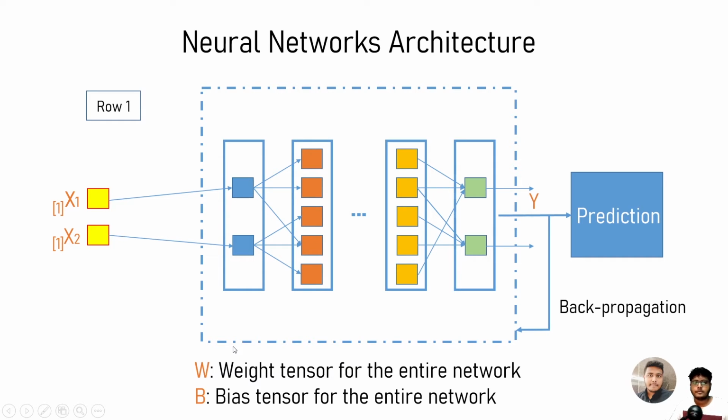And similarly, the bias term is also a tensor, and it contains all the biases for all the neurons in the network. These are the initial values, and you can see that here we have written row 1. So you are passing the data of row number 1 through the network, and say this is also epoch 1. Initially you also have randomly initialized values of weights and biases.